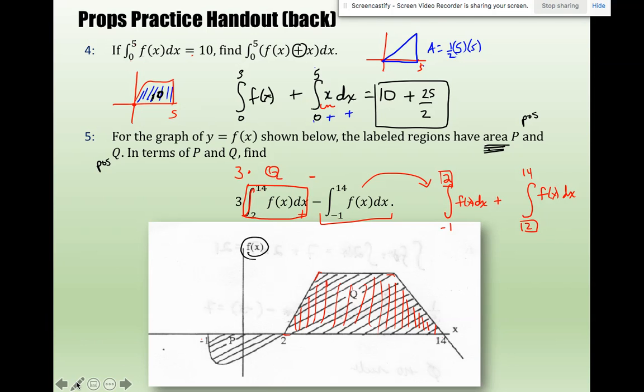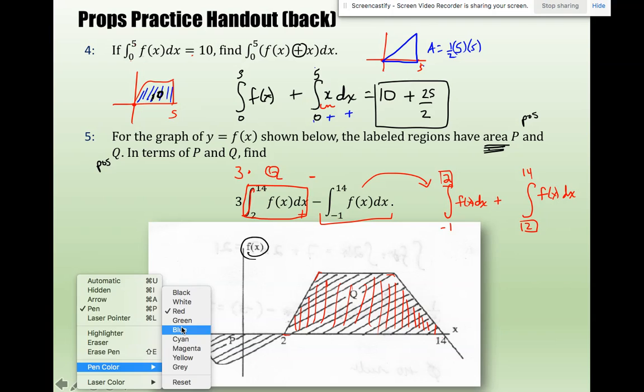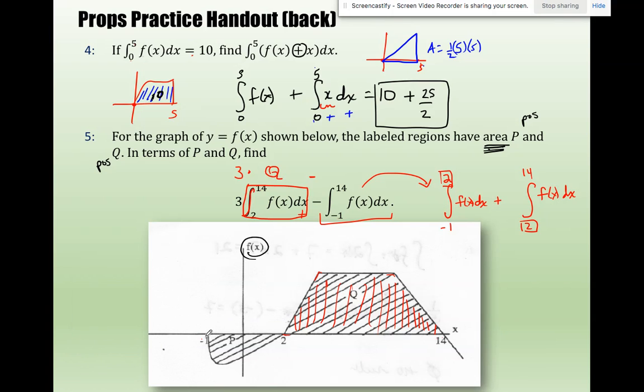Now here's 2 traps coming up. Going from -1 to 2, the area is a positive P, but I didn't ask you for area. Function dx is positive.